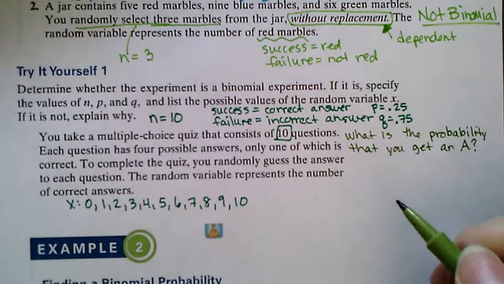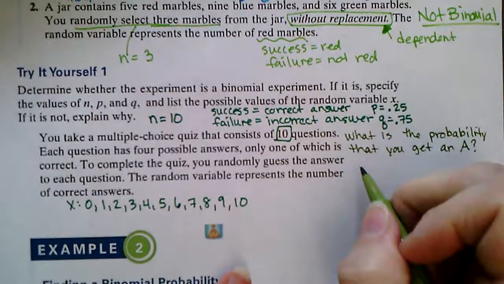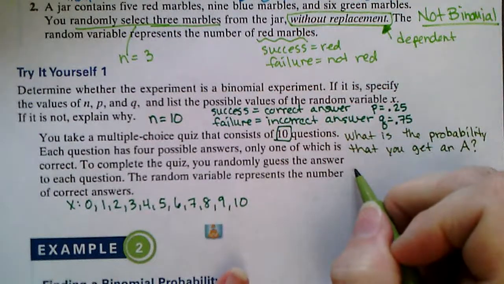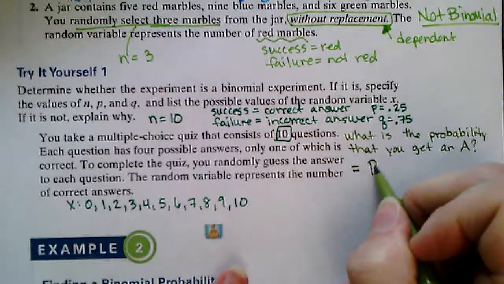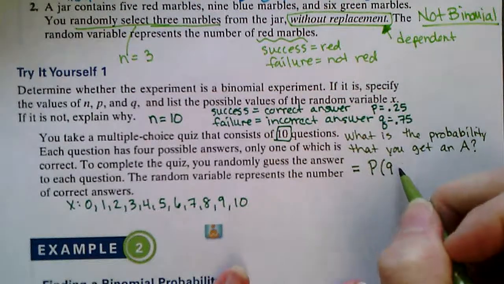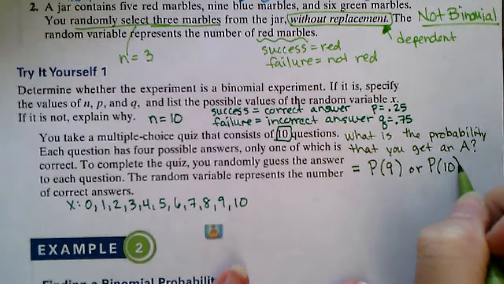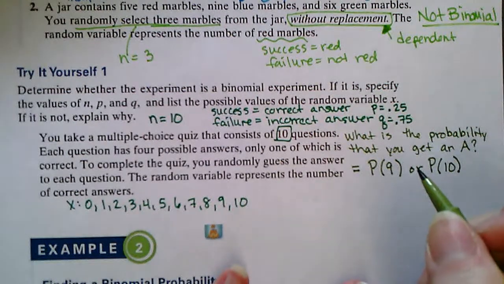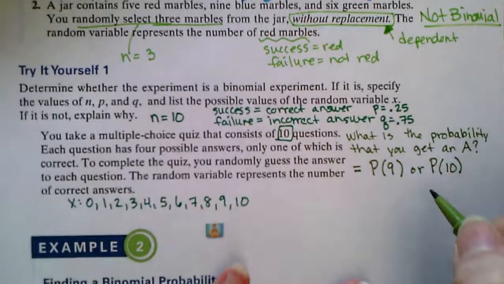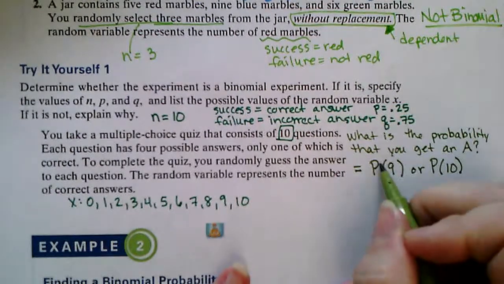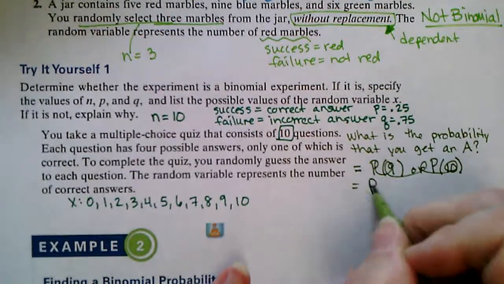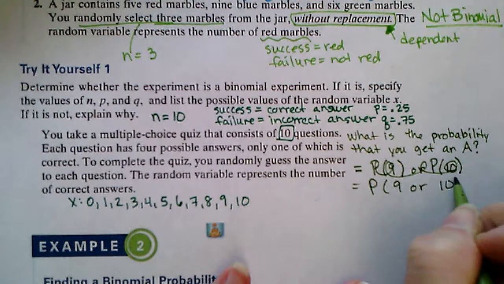So in order to get an A, I would need to get either 9 questions or 10 questions correct. The probability that I get 9 or 10 questions.